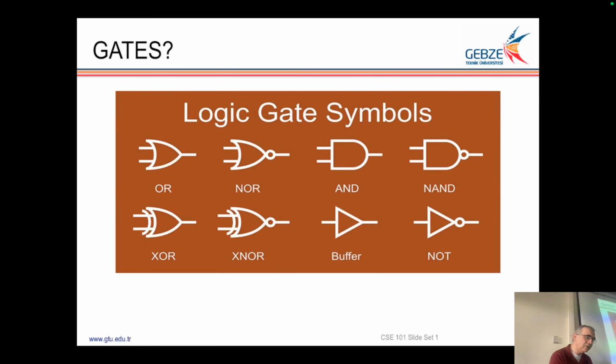Okay, so let's review the logic gate symbols: OR, NOR, AND, NAND, XOR, XNOR, and nothing, which is buffer. One of your friends asked in the last lecture about NOT. Usually, when you see a circle, it means not.